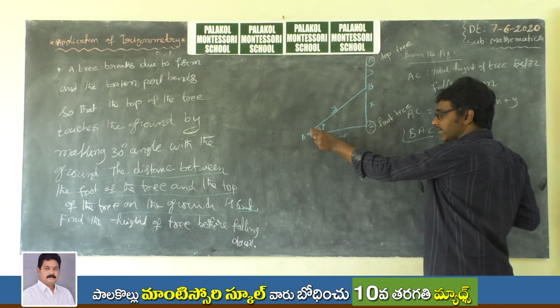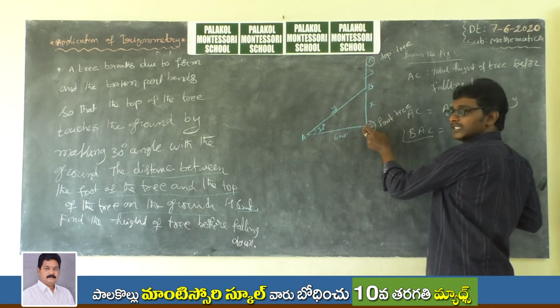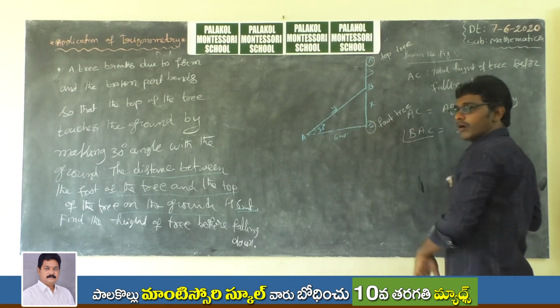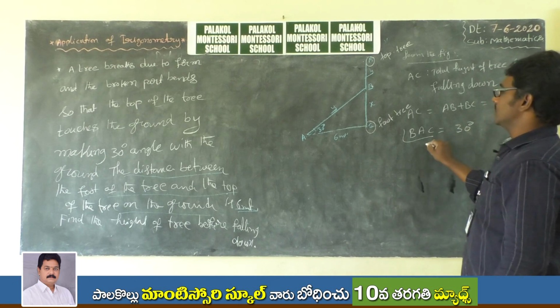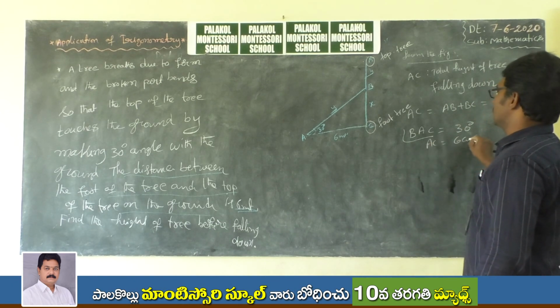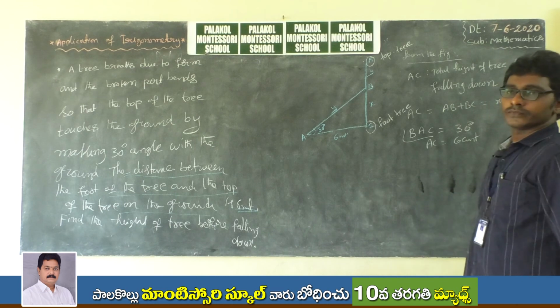This distance is given as 6 meters, so AC is equal to 6 meters.